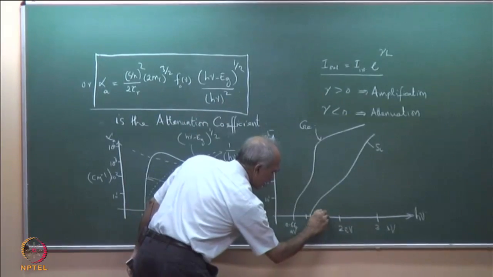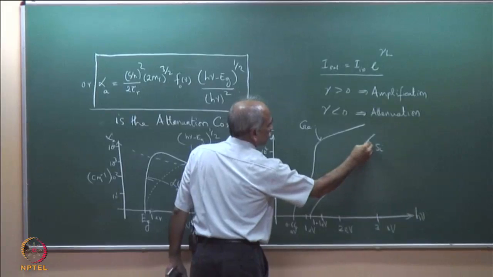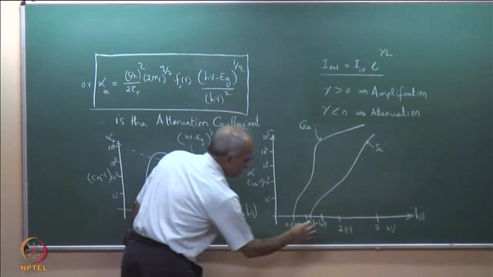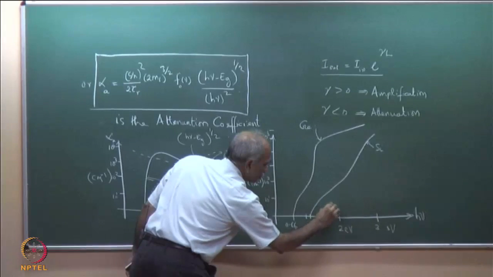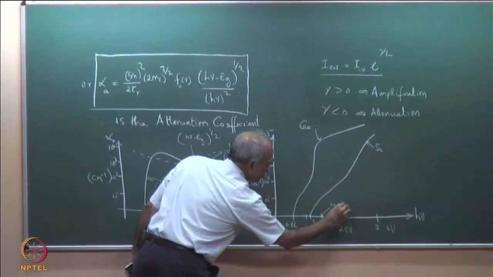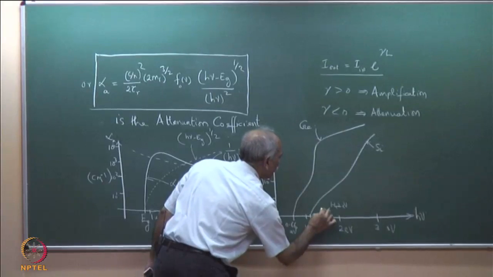Next comes gallium arsenide. Gallium arsenide is here at 1.42 eV, and it does this.